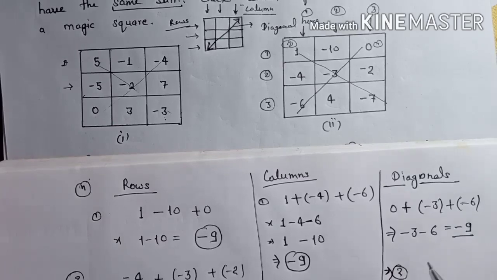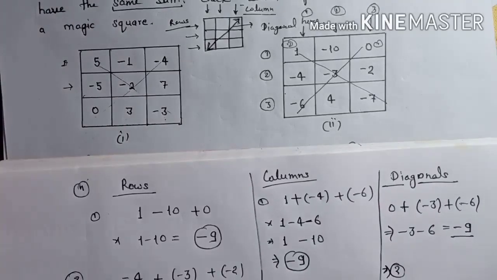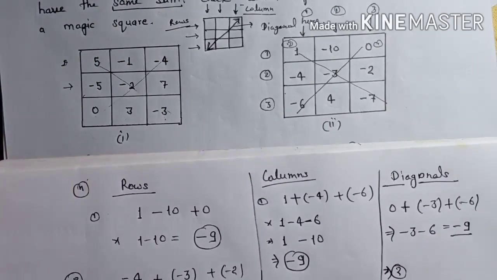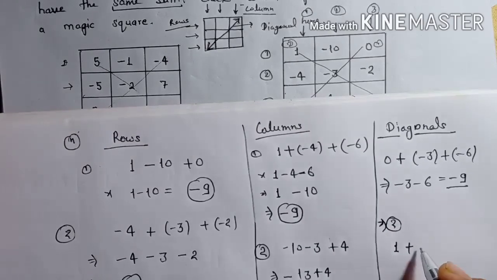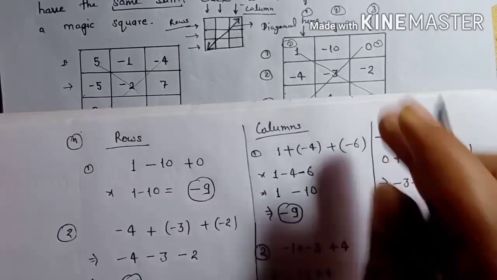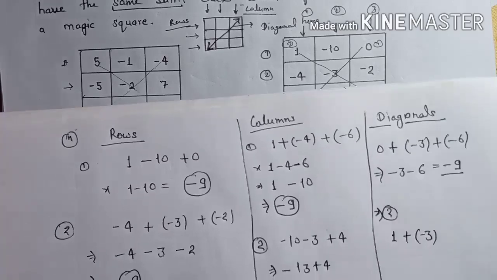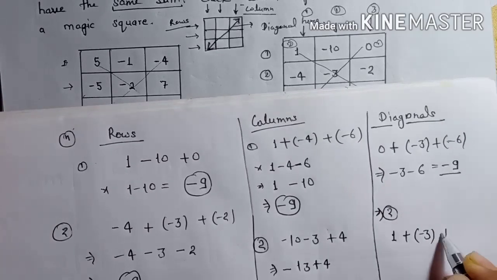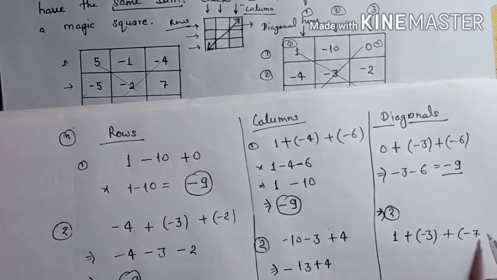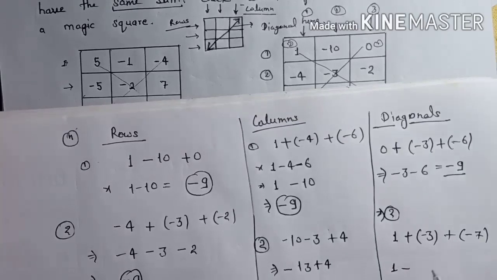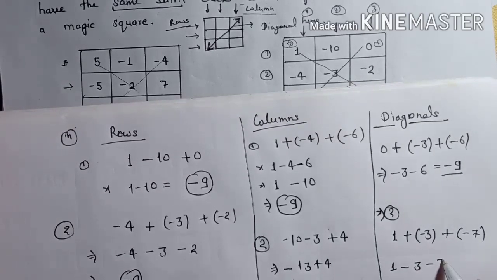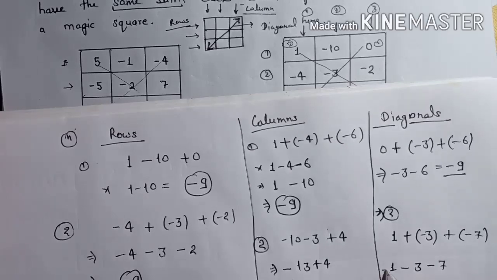And the second diagonal is 1, minus 3, plus -7.